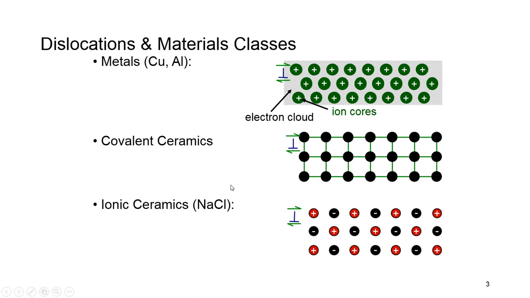In an ionic ceramic like NaCl, the motion, of course, is again difficult. Here, for a dislocation to pass through the material, it needs to avoid nearest neighbors of like sign. Say if it's positive, it has to avoid the positive sign, or the negative if it is negative.